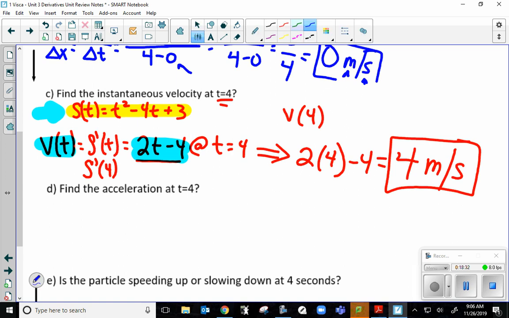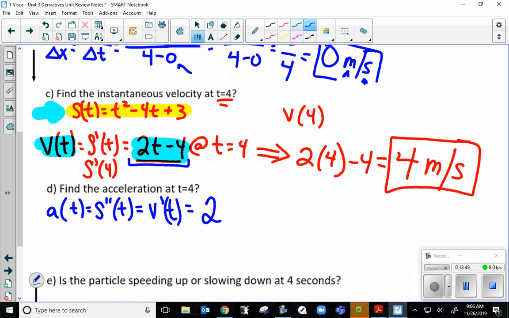So acceleration, although it's the second derivative of position, that's also the first derivative of velocity, which means I just take the derivative of this, which happens to be a constant 2. Now, you might say, okay, it's meters per second. Be very careful.